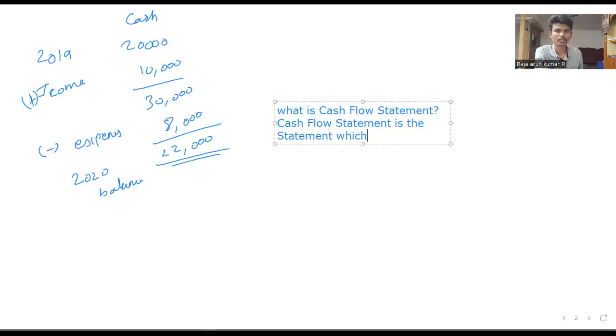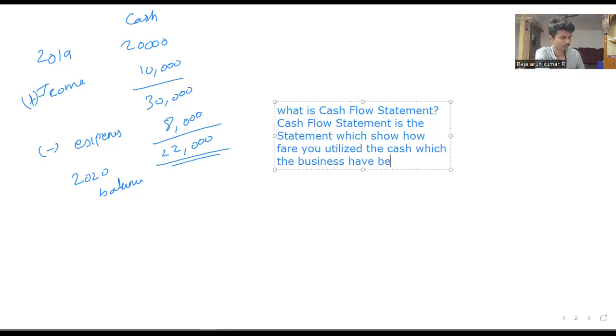You note it down in your notebook also. This is the meaning of cash flow.